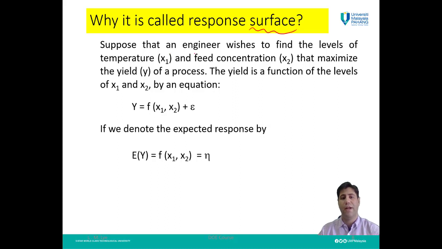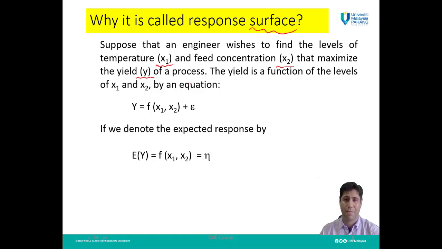Suppose you are an engineer, and you wish to find the levels of temperature, X1, factor one, and feed concentration. So we have two factors, temperature and feed concentration, X1 and X2. We are interested in maximizing the yield of the process, on which these two factors are effective.